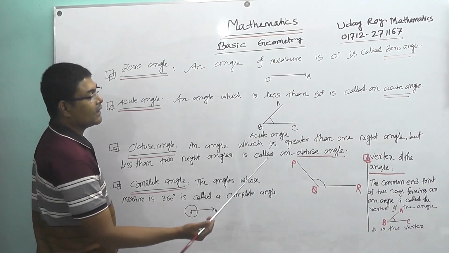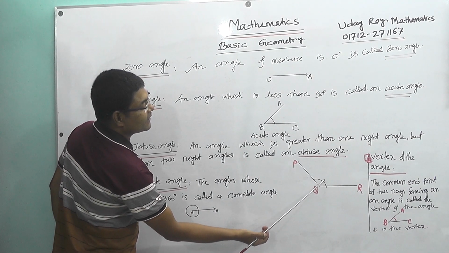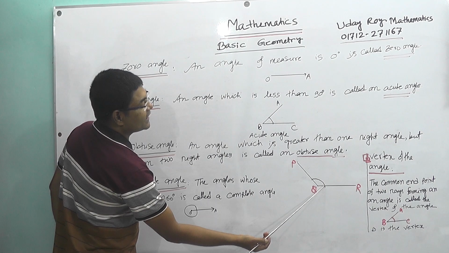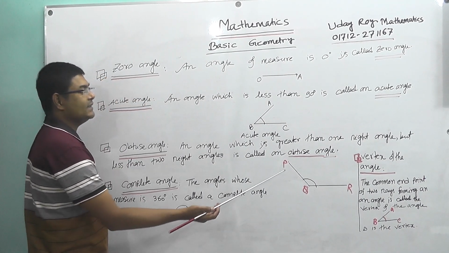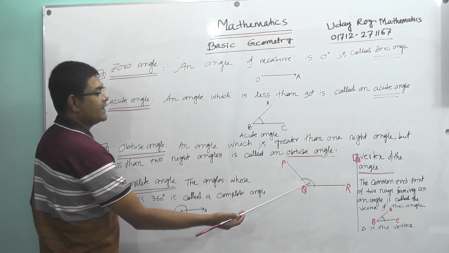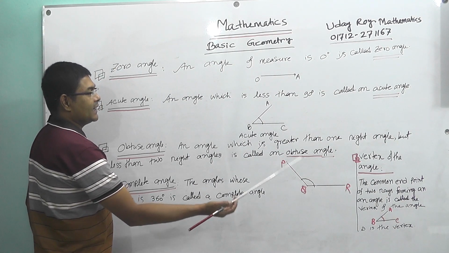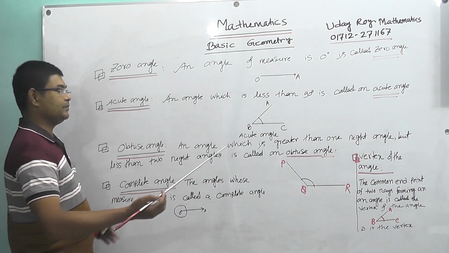You can see this angle. This is greater than 90 degree but less than 180 degree. This is obtuse angle, and this is acute angle.